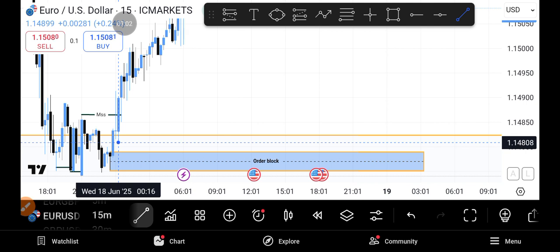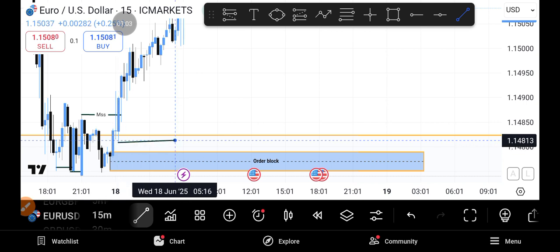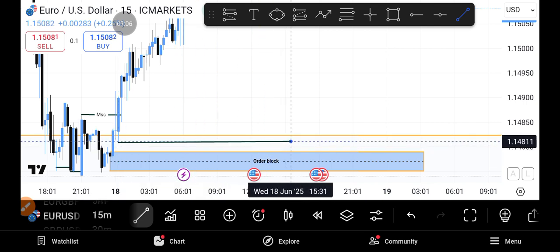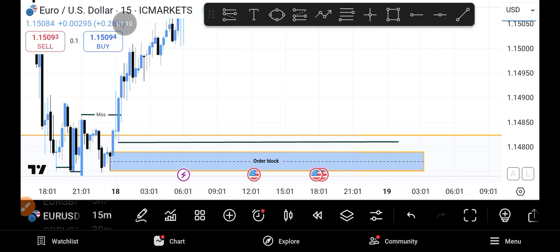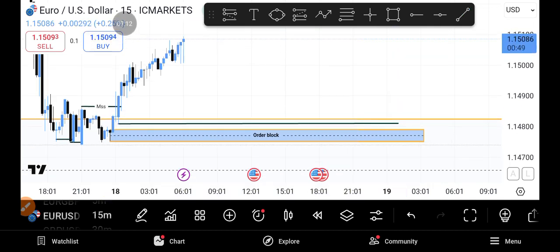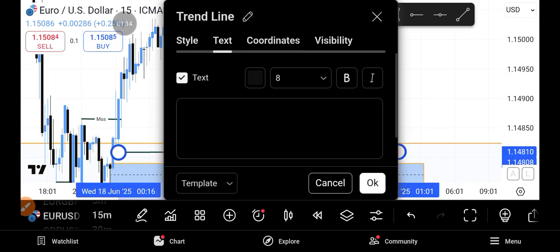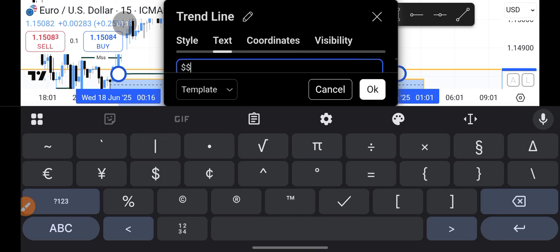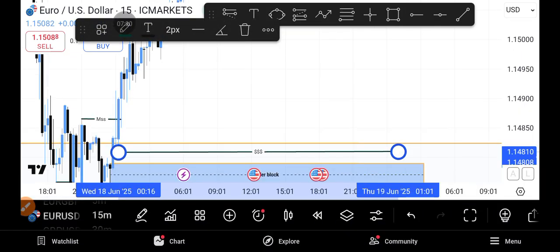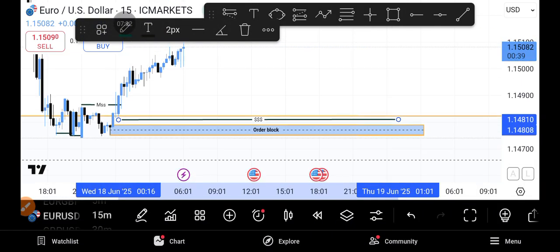These are our liquidity. The first fair value gap has engineered liquidity. So let me use the dollar sign. That's our inducement or liquidity, or whatever you call it.